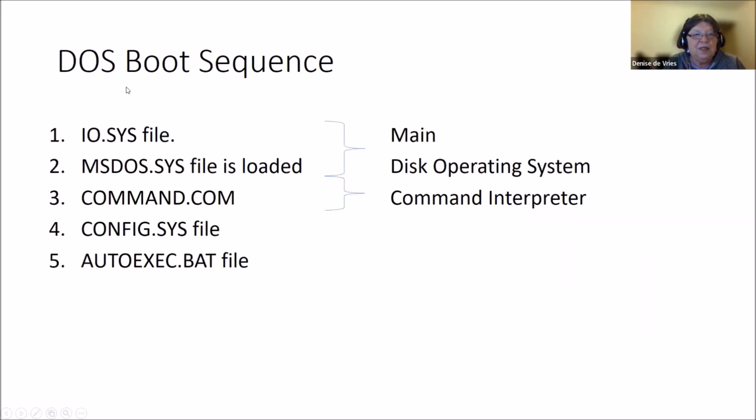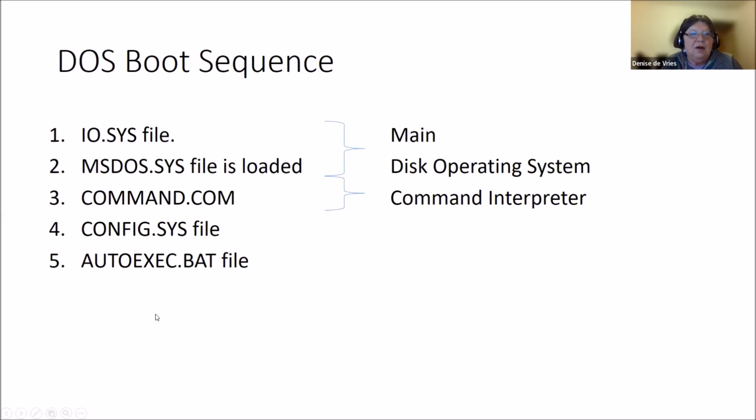So the DOS boot sequence is such that you've got your IO.SYS file and your MSDOS.SYS file, and they're the input-output system and the main DOS system, the main files in your disk operating system. Then you get the command interpreter, which is command.com, and then DOS loads the config.sys file, and that's followed by the autoexec.bat file.